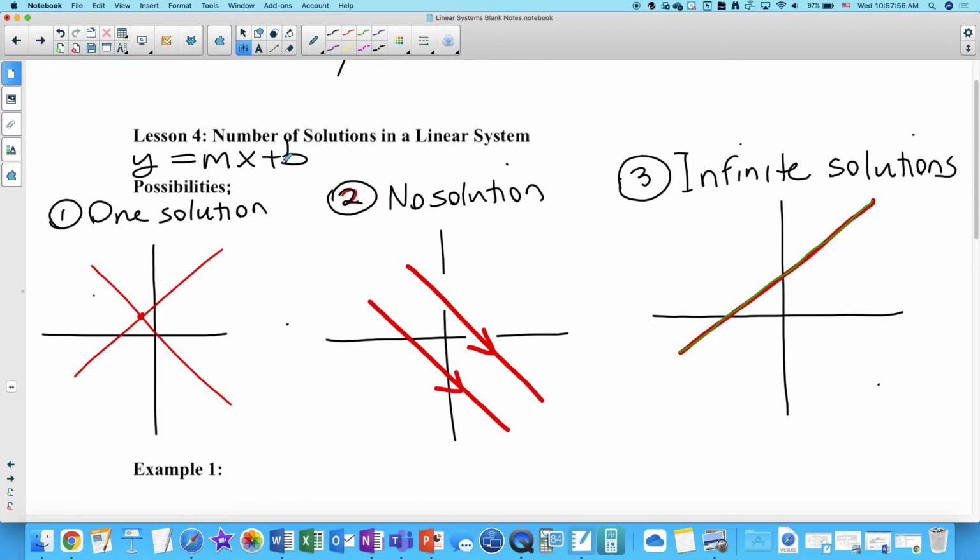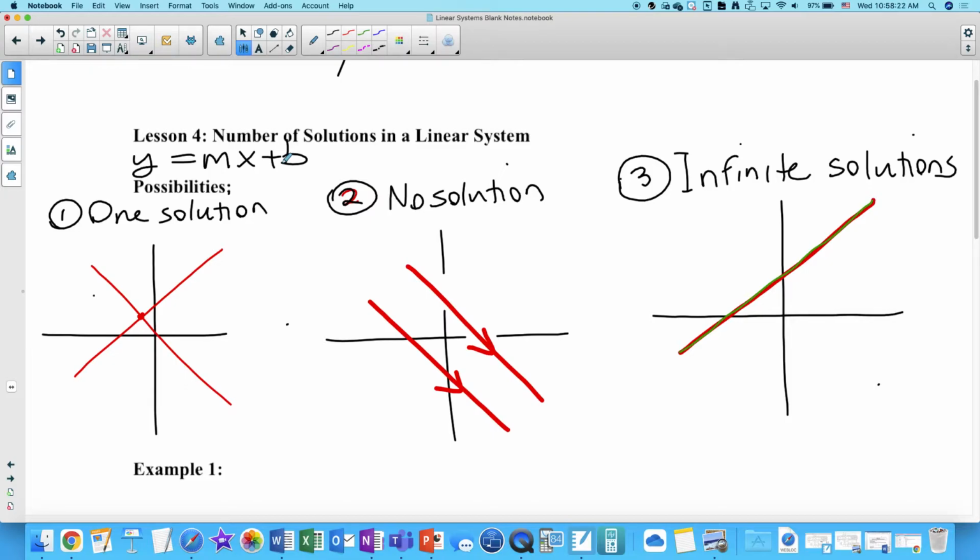Okay? So when we're trying to come up with some criteria as to what situation we're in, I want you to consider those two parameters. If we're in this situation where we have one solution, how could we tell from the equations that those lines will intersect?